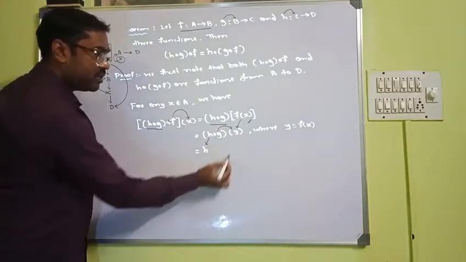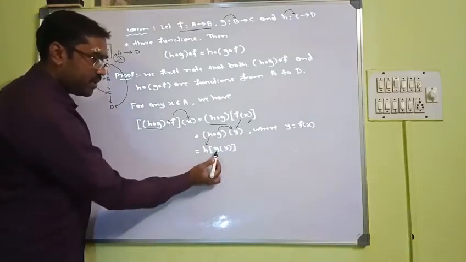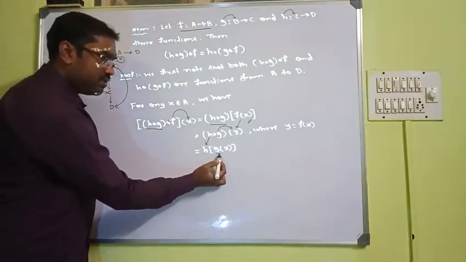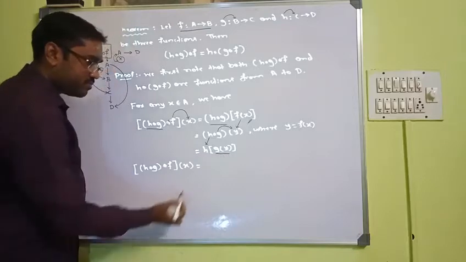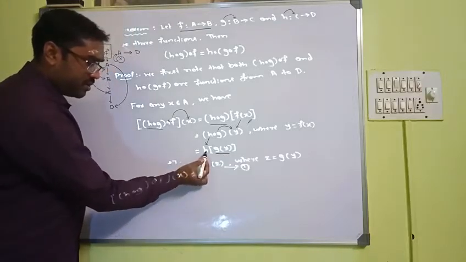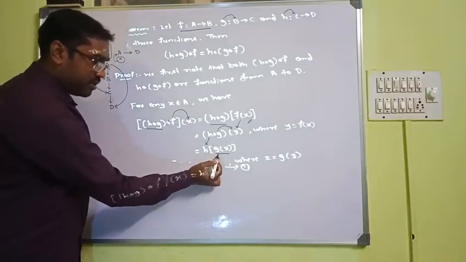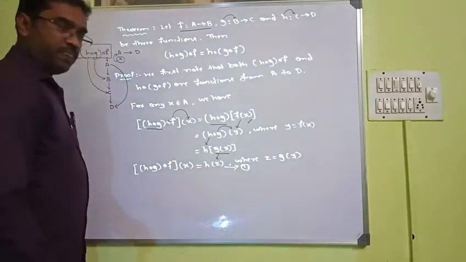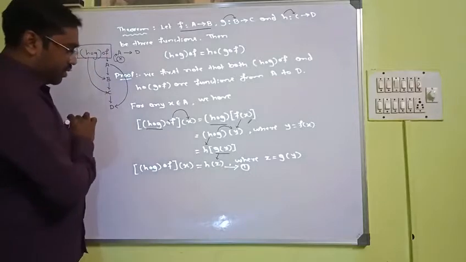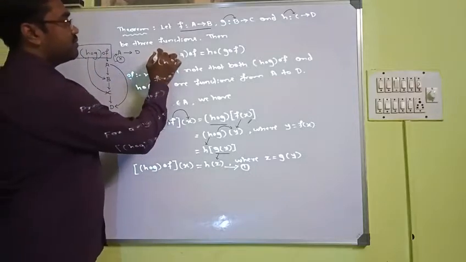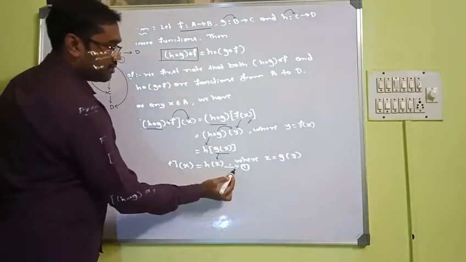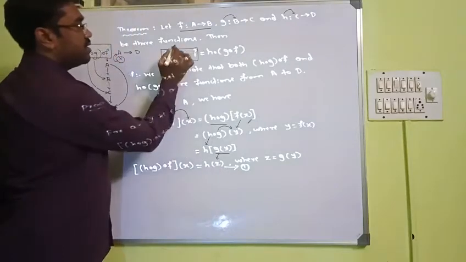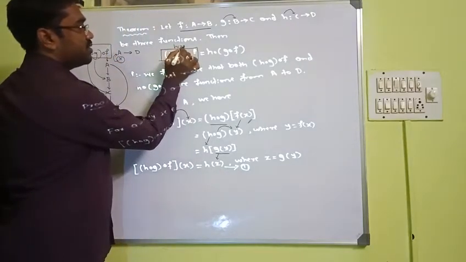Open the bracket, apply g on y, and let us consider this as z. Let us consider h as it is. We are considering this as z and call this equation number 1. So we found the LHS is h of z.